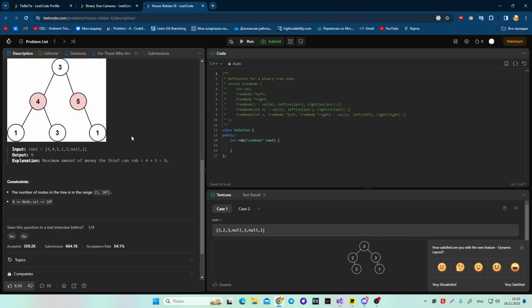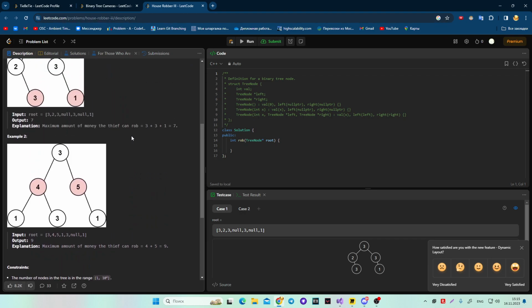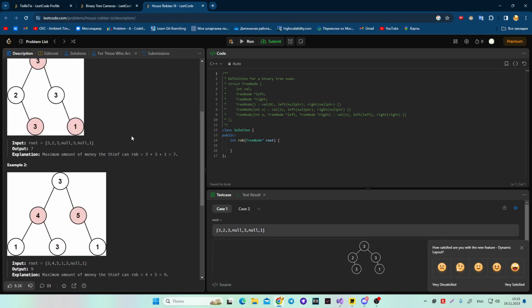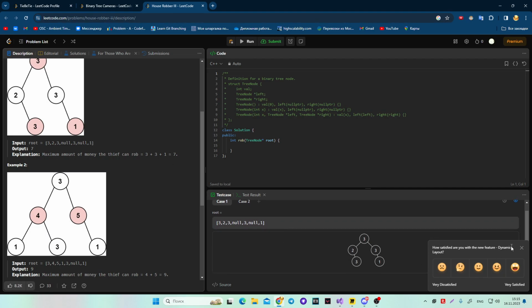Okay, what will the idea be? We can use the pair or what? I never saw this before.